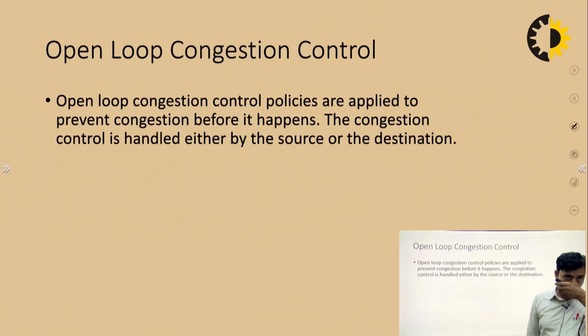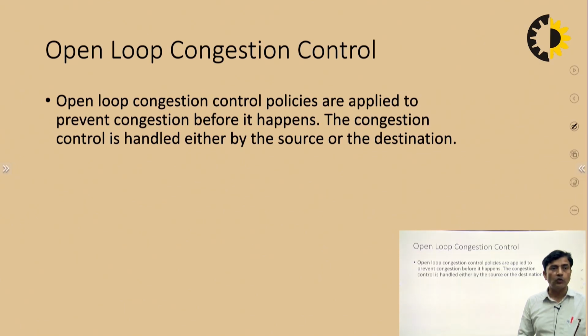What does open loop mean? Open loop congestion control policies are applied to prevent congestion before it happens. Open loop means we are applying the strategies, policies or mechanisms so that the congestion can be avoided.